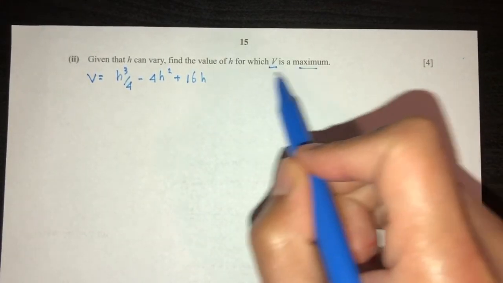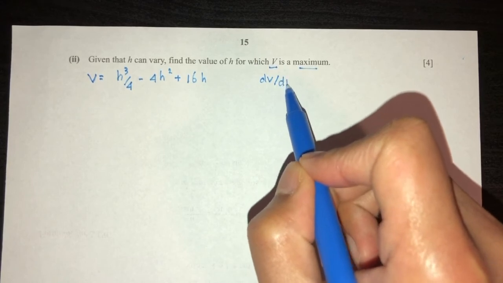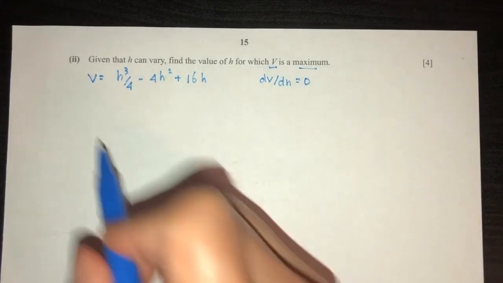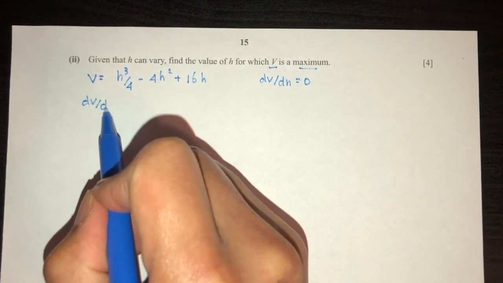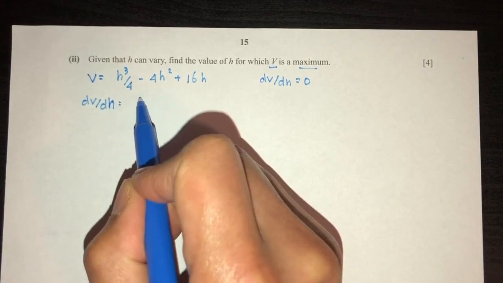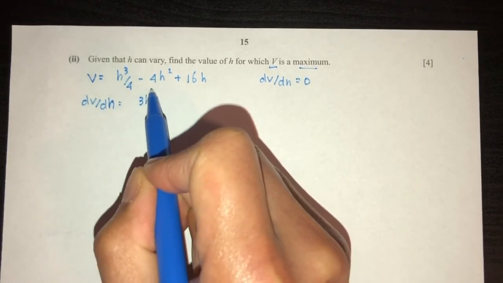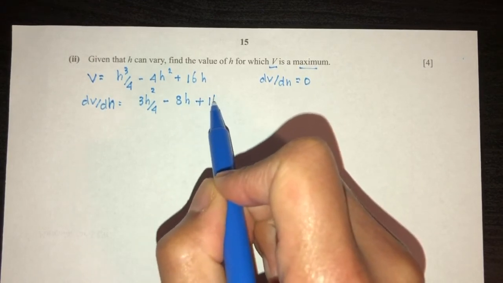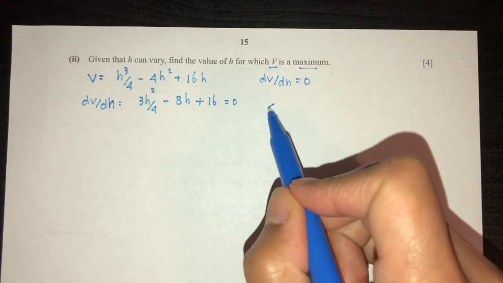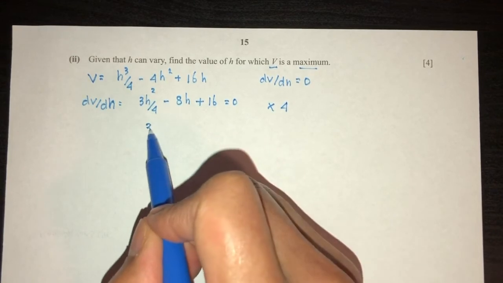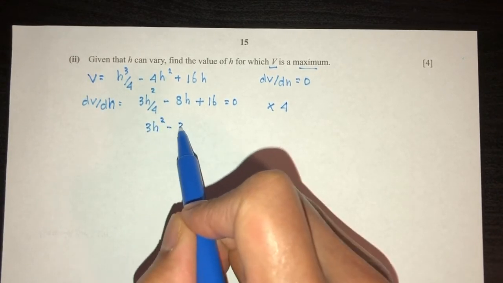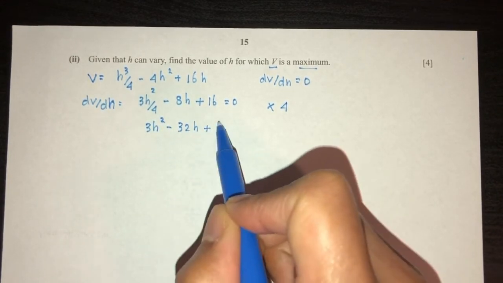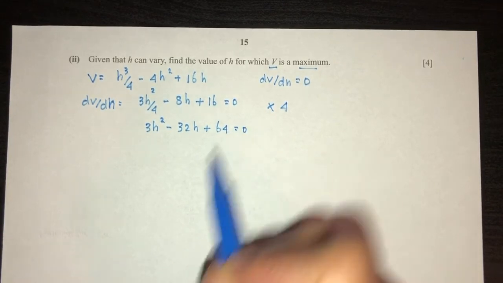So when V is a maximum, you know dV by dh has to be 0. So dV by dh is 3h squared over 4 minus 8h plus 16 equals 0. Multiply by 4 everywhere, you will have 3h squared minus 32h plus 64 equal to 0.